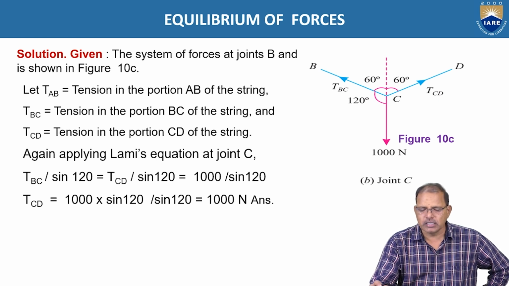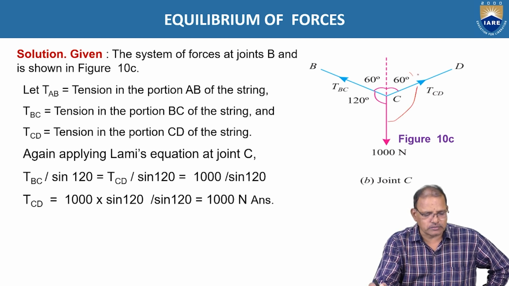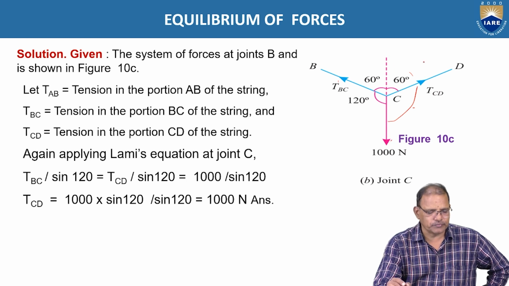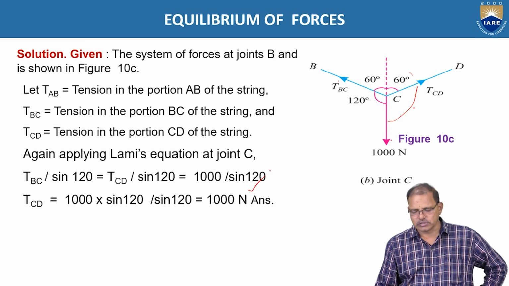The inclination is 120 degrees, 120 degrees, and one more also 120 degrees. Hence, according to Lami's theorem, TCD divided by sin 120 equals TBC divided by sin 120 degrees, equals 1000 divided by sin 120 degrees. So from this relationship we get TCD equal to 1000 newtons.